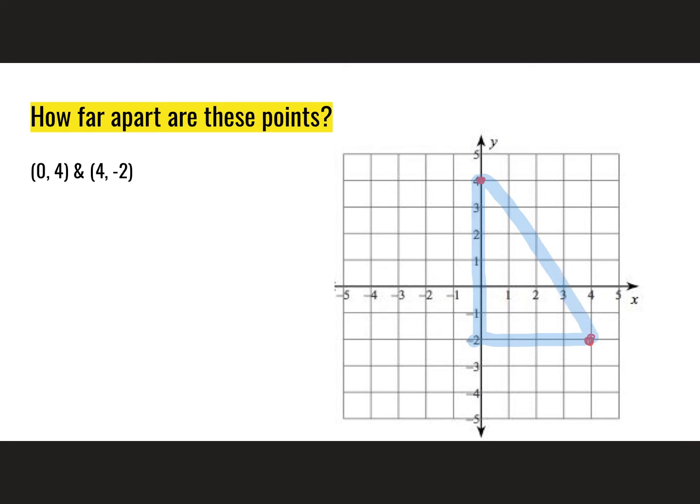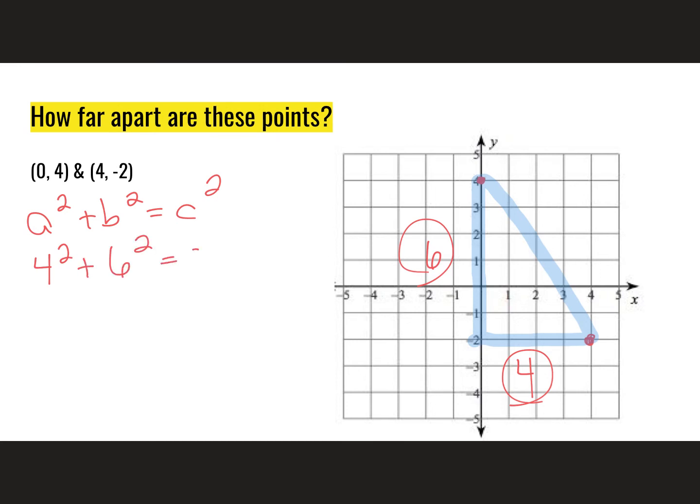So this bottom side is 4. This side is 6. So I have my A squared plus B squared equals C squared. Remember, we always start with that. So I have 4 squared plus 6 squared equals C squared. 16 plus 36 equals C squared. 52 equals C squared.